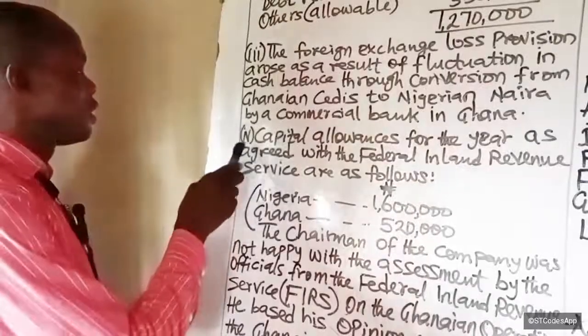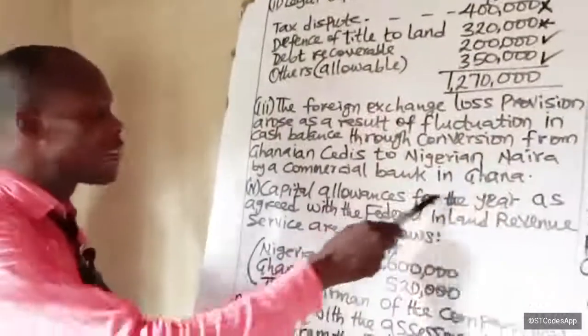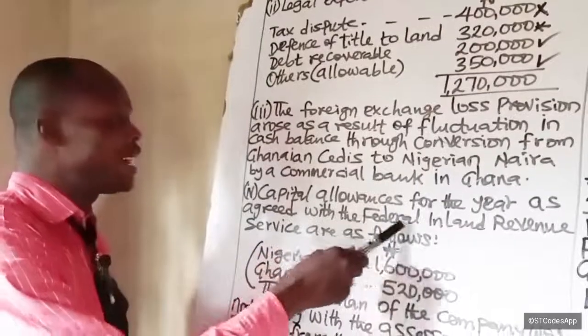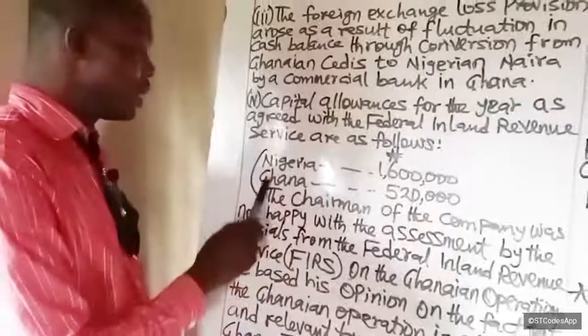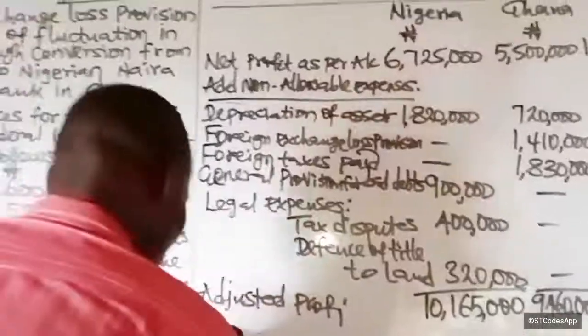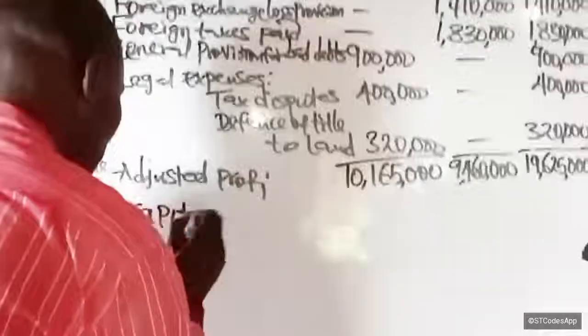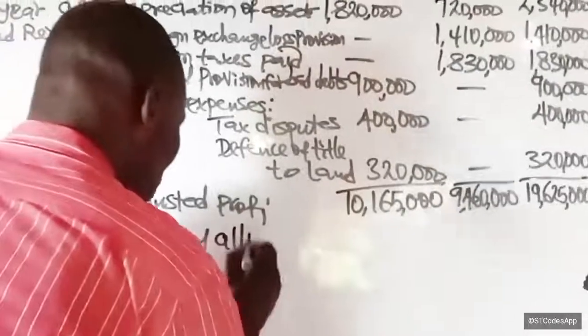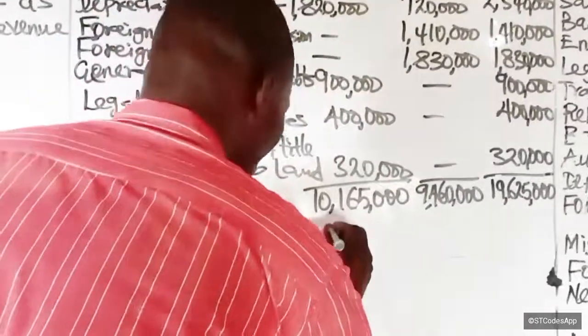From note 4, you were told capital allowances for the year as agreed with the Federal Land Revenue Service as follows: Nigeria 1.6 million, Ghana 520,000. So we have capital allowance. For the Nigeria company, we have 1.6 million.